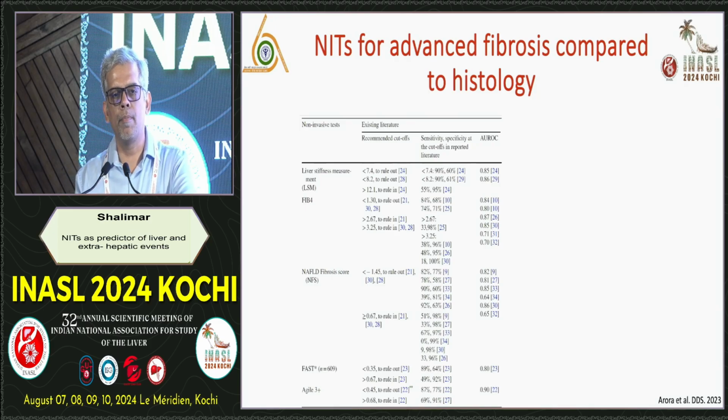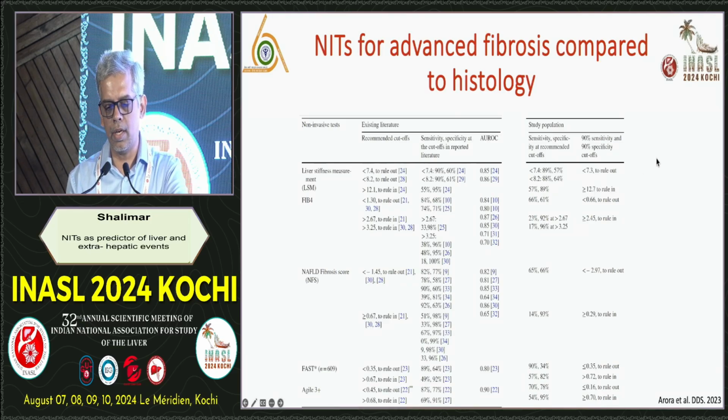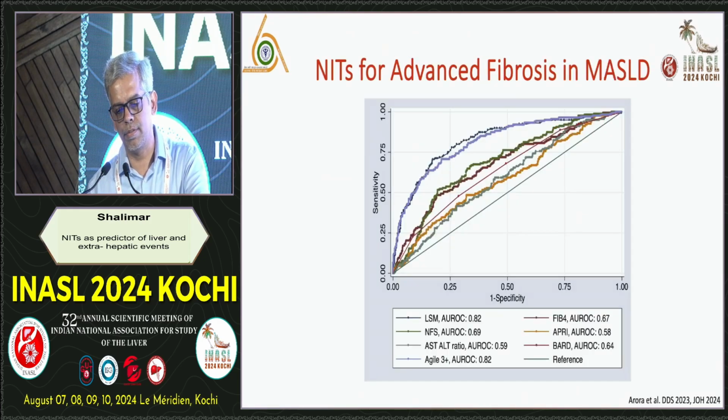The data stems predominantly from the Caucasian population, and there have been various cutoffs given to rule in and rule out advanced fibrosis. What we showed in this study is that the cutoffs which have been proposed from the Western population do not fare that well in South Asian patients. Different cutoffs can be used to look at the 90% sensitivity and specificity cutoffs from the South Asian population, highlighting that cutoffs vary with different populations.